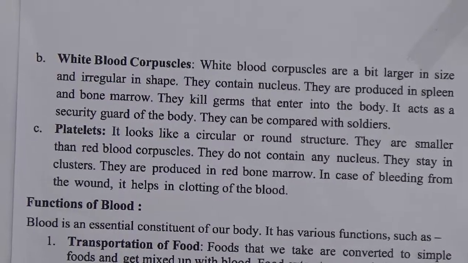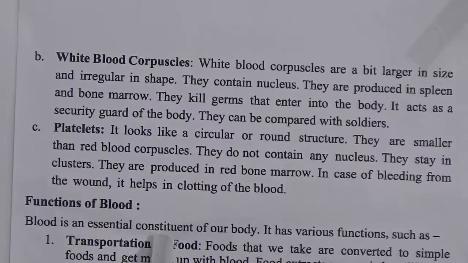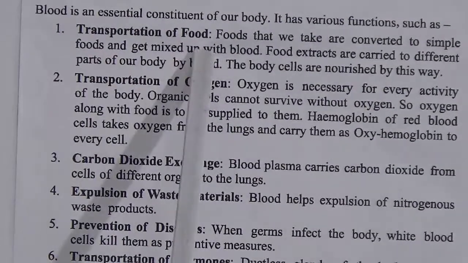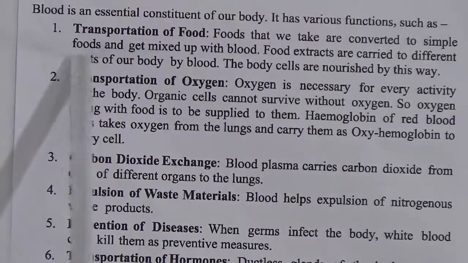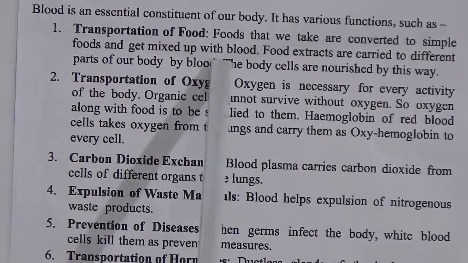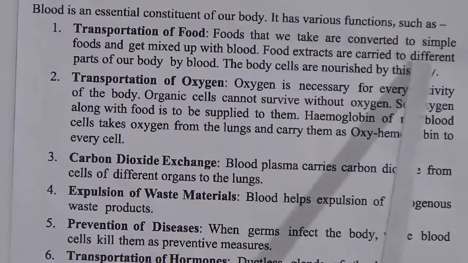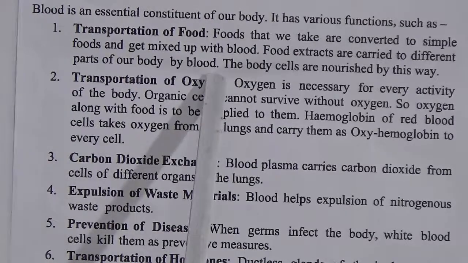Now we will read functions of blood. Blood is an essential constituent of our body. It has various functions, such as transportation of food. Food that we take is converted to simple foods and gets mixed up with blood. Food extracts are carried to different parts of our body by blood.